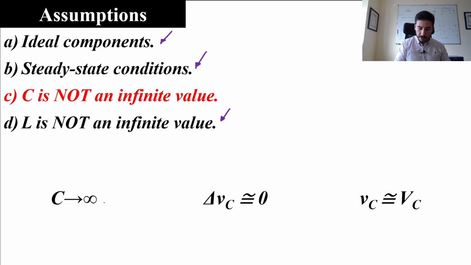As a result, the voltage ripple in the capacitors was zero, and we could say that the voltage across the capacitors is quite constant. But this is not valid for today because in fact, today we want to evaluate the output voltage ripple. We want to evaluate the ripple in a capacitor. So we cannot do this simplification.